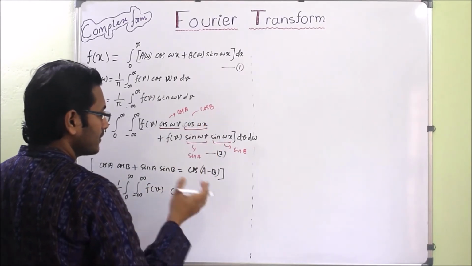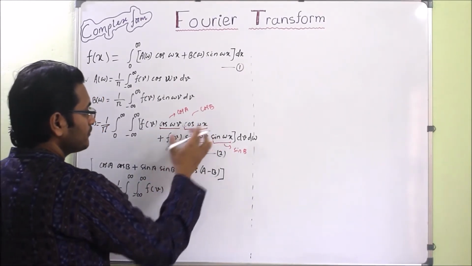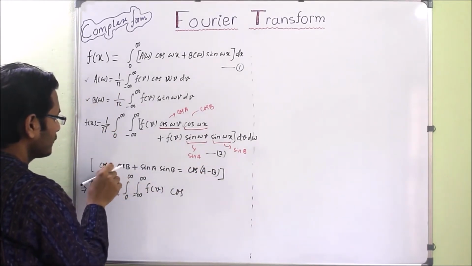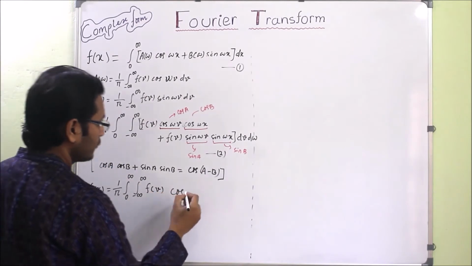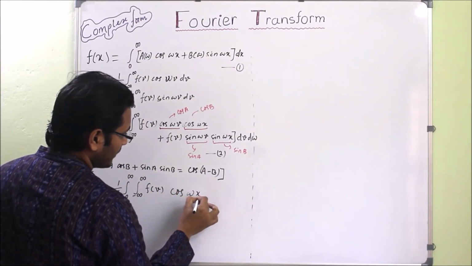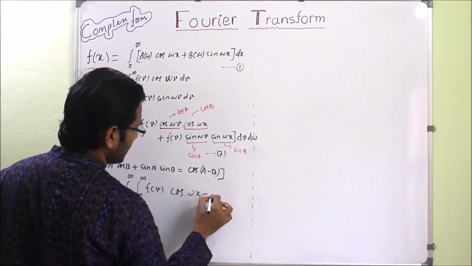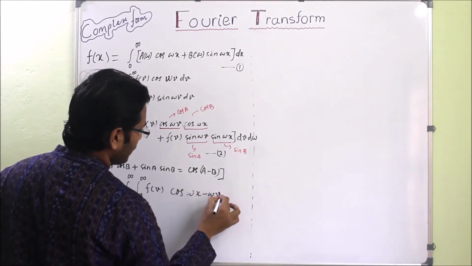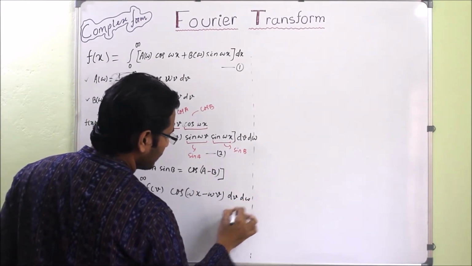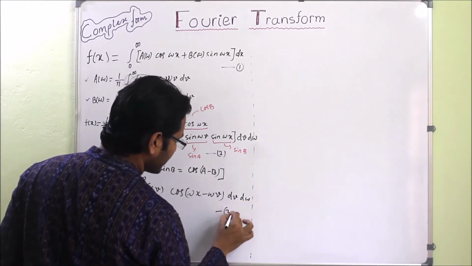We can reverse it also, cos of b minus a, no problem. As I told, if we interchange, there will be no problem. So for our convenience we are writing wx first, so wx minus wv, dv dw. So this will be equation 3.